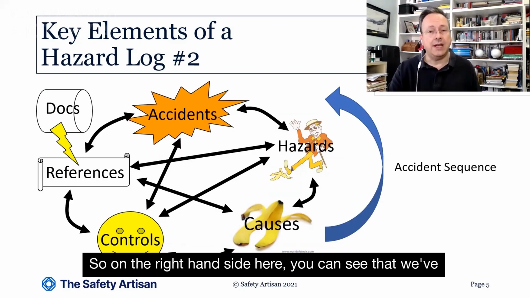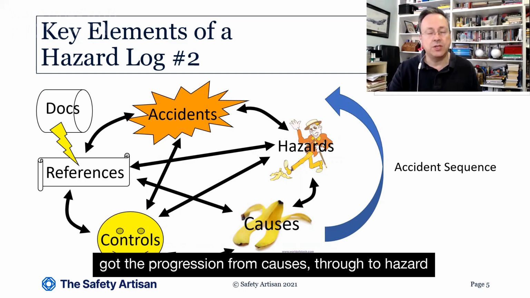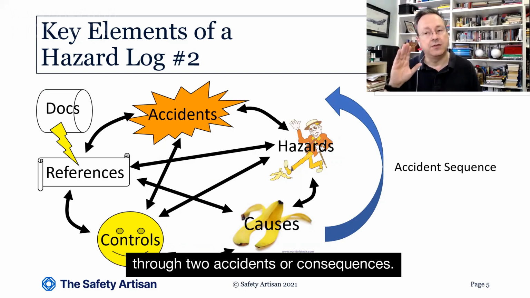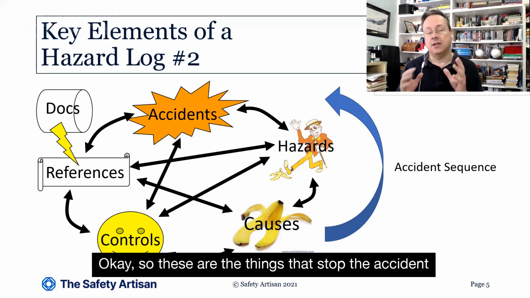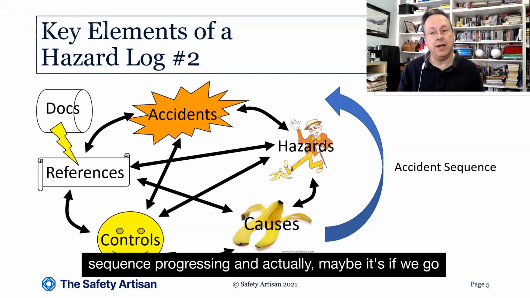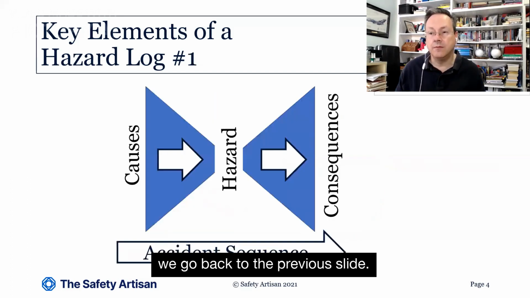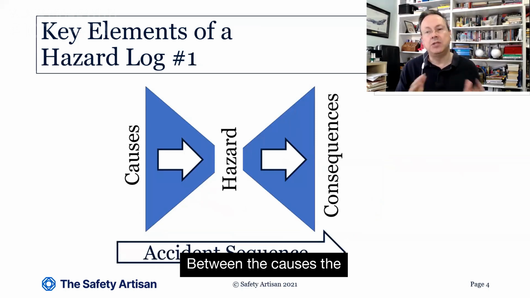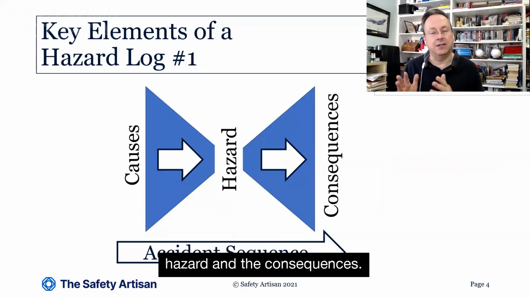So on the right-hand side here, you can see that we've got the progression from causes through to hazard through to accidents or consequences. Okay, so these are the things that stop the accident sequence progressing. And actually, maybe if we go back to the previous slide, between the causes, the hazard, and the consequences.